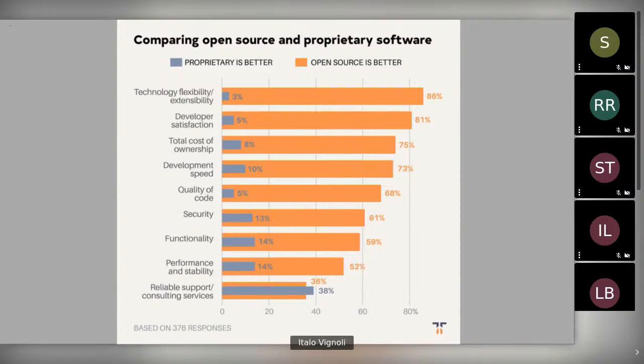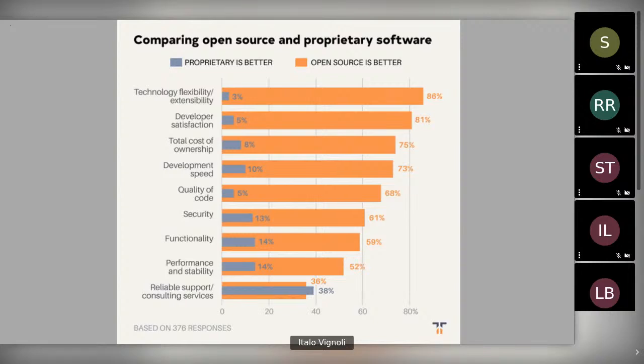If we look at the total cost of ownership, speed of development, quality of code, security, performance and stability, you see that there is almost a global agreement about the advantages of open source.